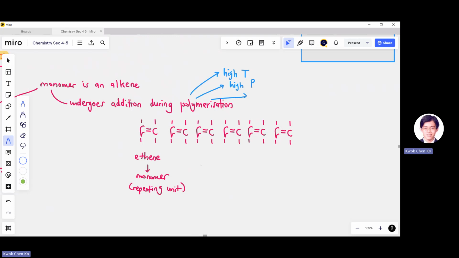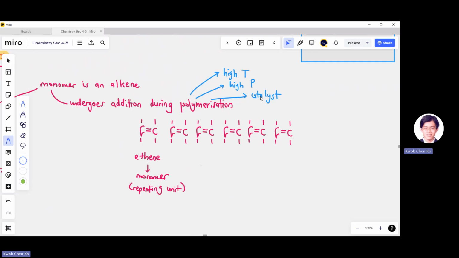And typically you need a catalyst. No need to know the catalyst. So polymerization can happen to any alkene, provided you have high temperature, pressure, and catalyst. Of course, you must have the right temperature, pressure and catalyst.